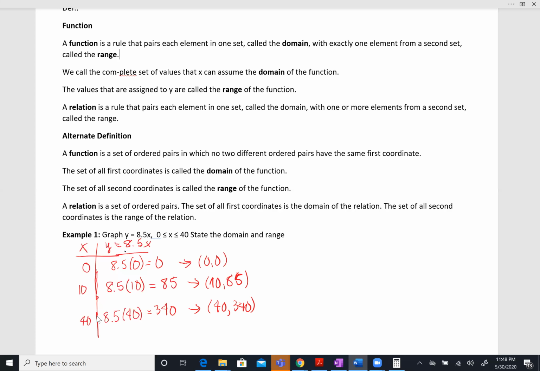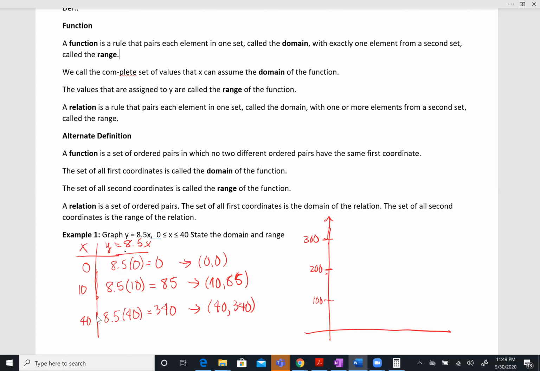I know that the value of y will go up to 340. So I would like to say here is 100. Here is 200, and here is 300.